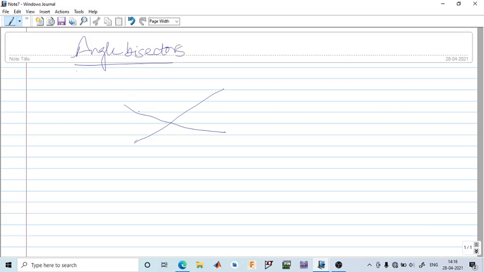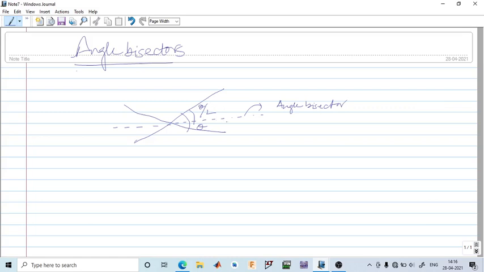Let us consider the two straight lines like this. The equation of the angle bisector will go like this, because this is theta, then this must be theta by 2, so that we can say this is the angle bisector.